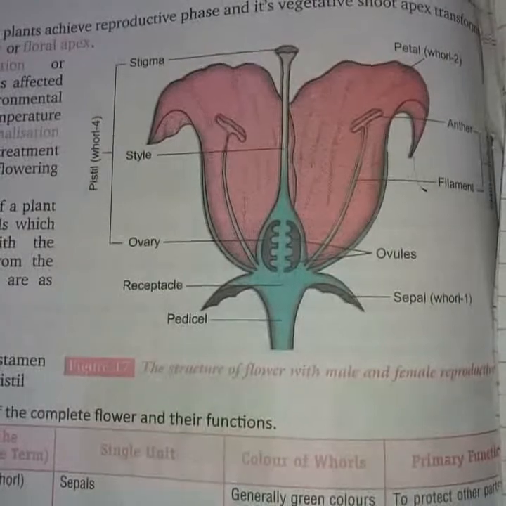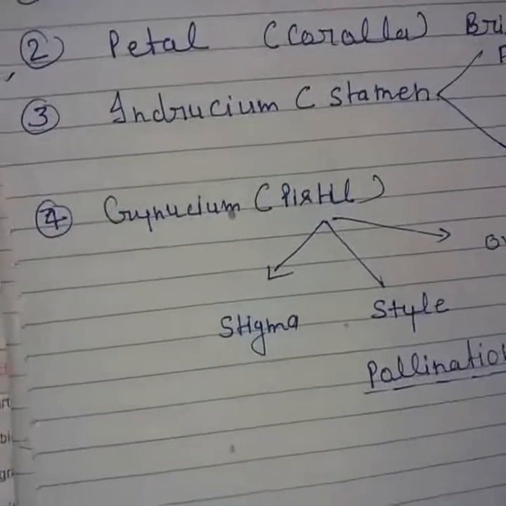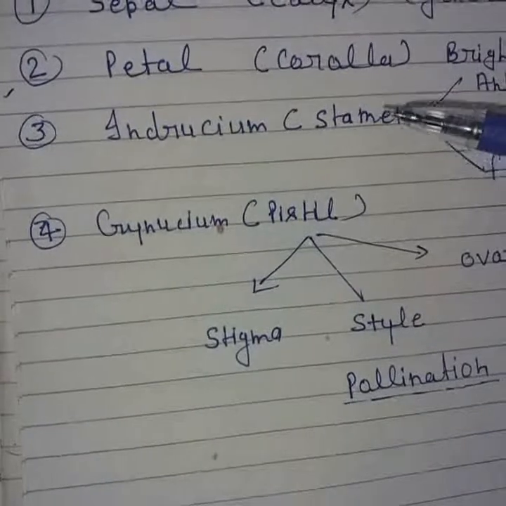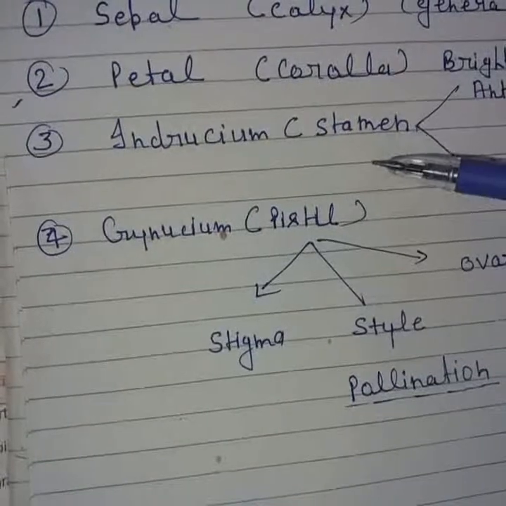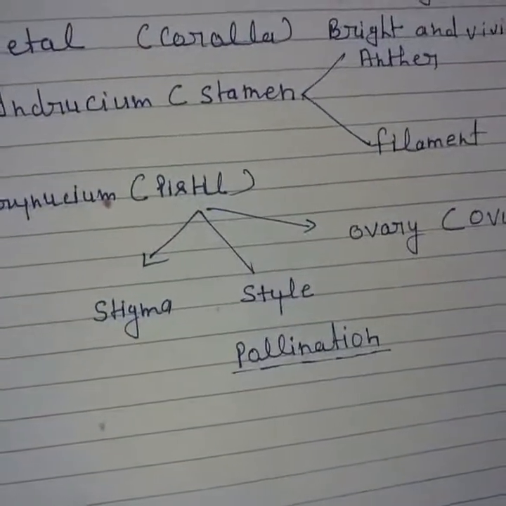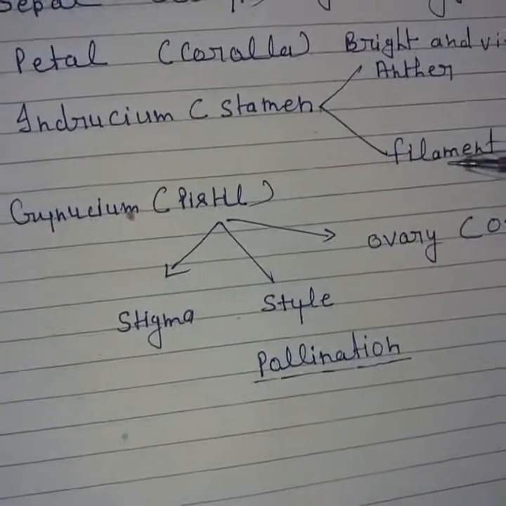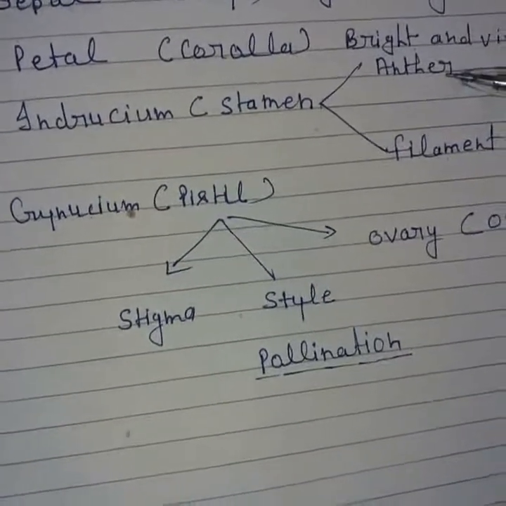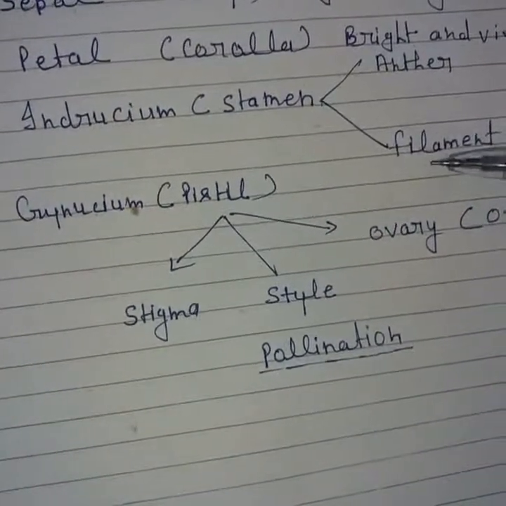Next is the androecium. In this chart, the androecium or stamen is the main male part of the flower. The stamen has two parts, anther and filament. The anther is the upper part of the male part and the filament is the lower part.